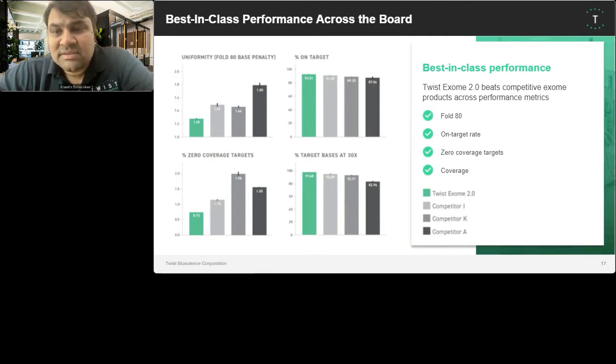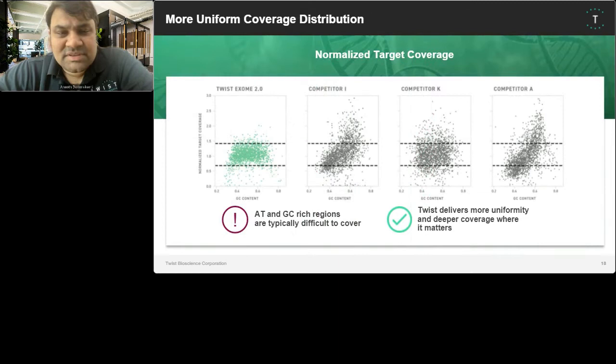You can see how well all the regions are covered across the AT-rich and GC-rich regions. The Twist exome gives a much tighter, narrower, and flatter distribution across all the GC ranges, whereas the other vendors' performance is just all over the place, right?